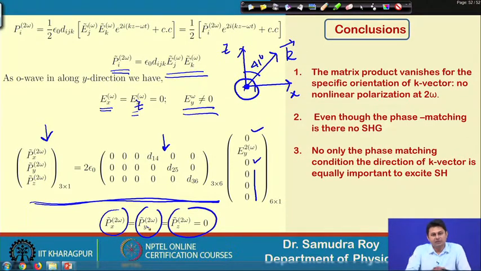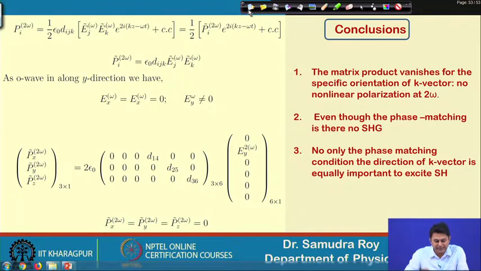That means, even though the k is launched along the direction for which the phase matching angle is satisfied, we are still not getting any second harmonic, because of the matrix product. So, what is the conclusion here? Try to understand one by one.